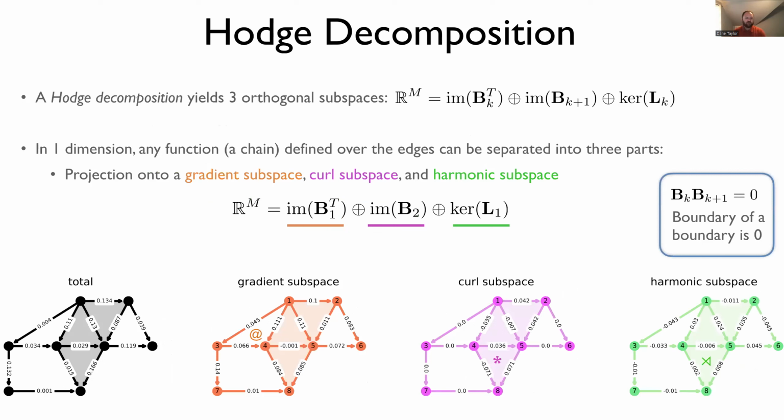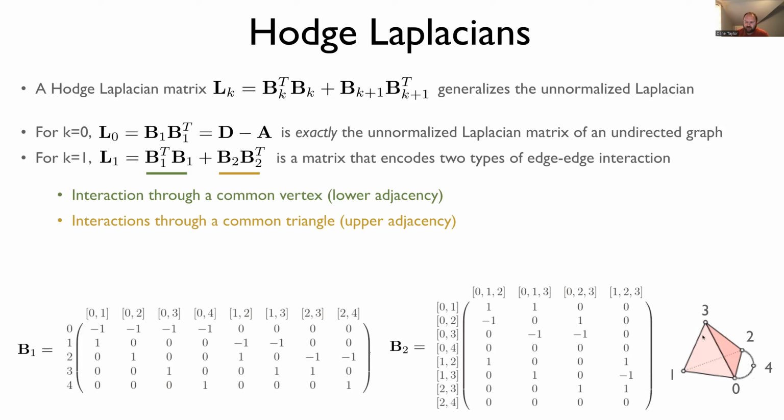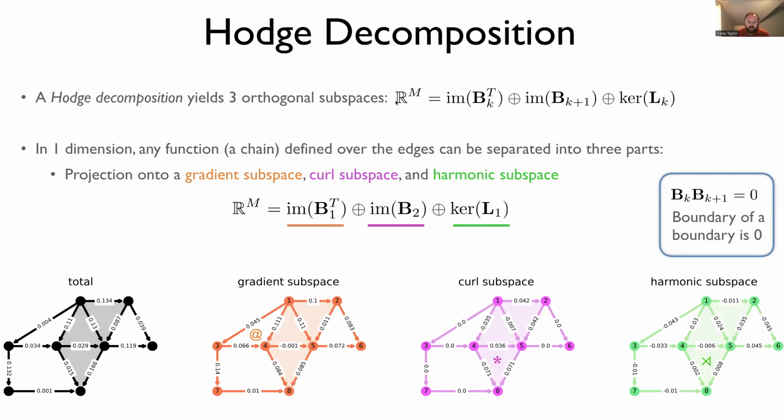And we will use the Hodge decomposition. This is one thing that's nice to define with the Hodge Laplacian. It separates a vector space. If we think about a function being defined on, say, the set of edges, each function would be a chain, or a 1-chain, because edges are one dimensional. So we can think of the space of real valued 1-chains, and we can separate that vector space into three orthogonal components. One is the image of the boundary matrix a dimension up.